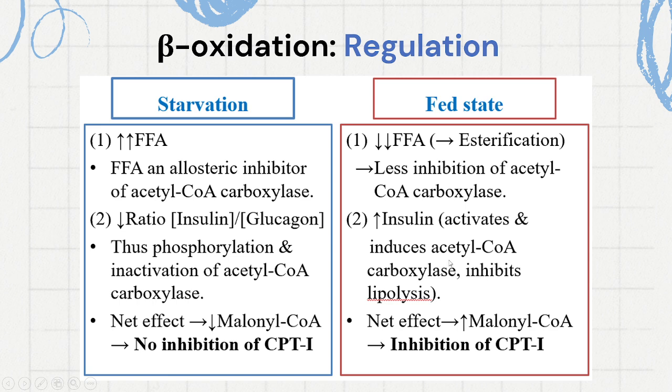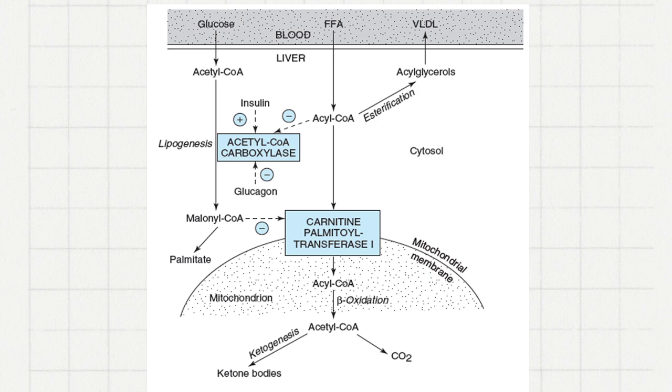At the same time, insulin inhibits lipolysis, that is release of triglycerides from the stores. The net effect in the fed state is that there is a high level of malonyl-CoA, which will inhibit carnitine palmitoyl transferase 1. So in the fed state, fatty acid oxidation is inhibited.